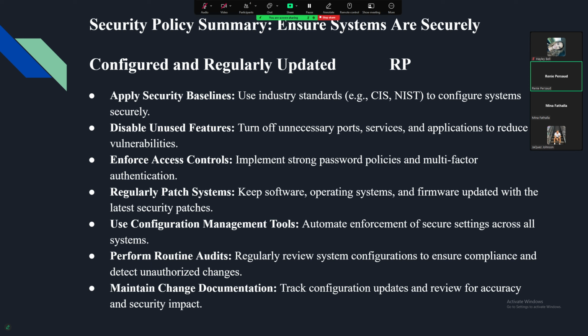Regularly patch systems: keep software, operating systems, and firmware updated with the latest security patches. Use configuration management tools: automate enforcement of secure settings across all systems. Perform routine audits: regularly review system configurations to ensure compliance and detect unauthorized changes. Maintain change documentation: track configuration updates and review them for accuracy and security impact.